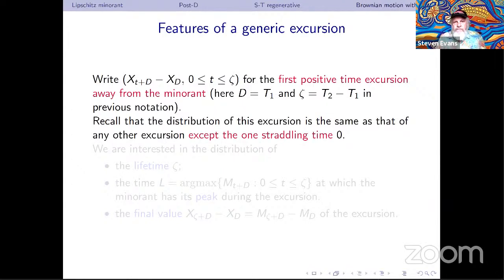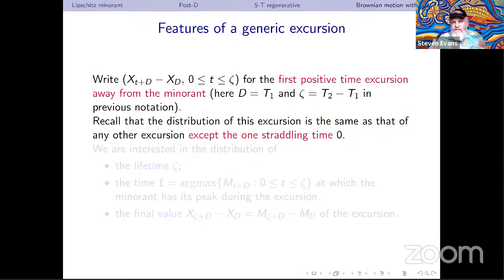And this first positive time excursion is the same as that of all the other excursions, except for the particular excursion that straddles time 0, right? That's the one that straddles 0 is particular, it's the usual Feller waiting time paradox. That's a particular one because we know it straddles 0. It's special.